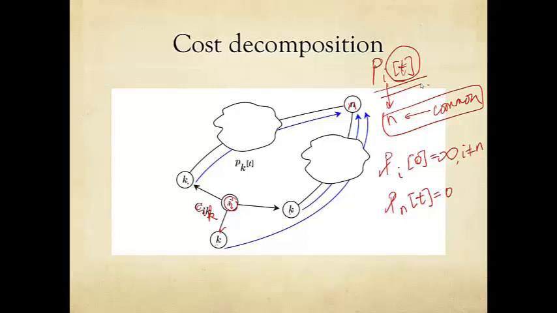Now here comes the somewhat magical part. We want to find out PI, let's say using T plus 1 or fewer hops. That means we have to go through one of the outgoing neighbors indexed by K, with a cost Cik. Then once you get to that neighbor, you've already used up 1 hop.